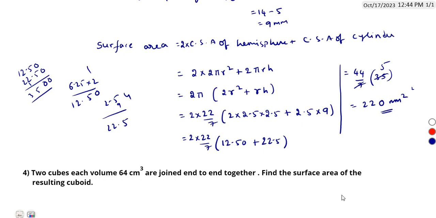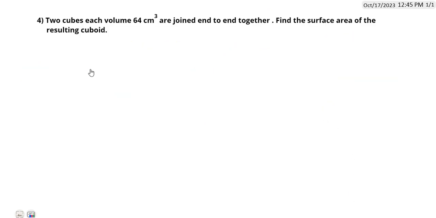Next, two cubes, each of volume 64 centimeter cube, are joined end to end together. Find the surface area of the resulting cuboid. First, see the diagram. Two cubes are joined end to end together.